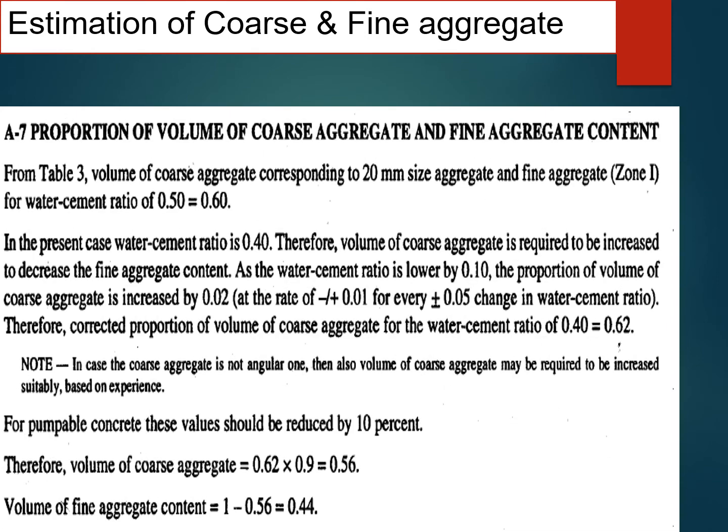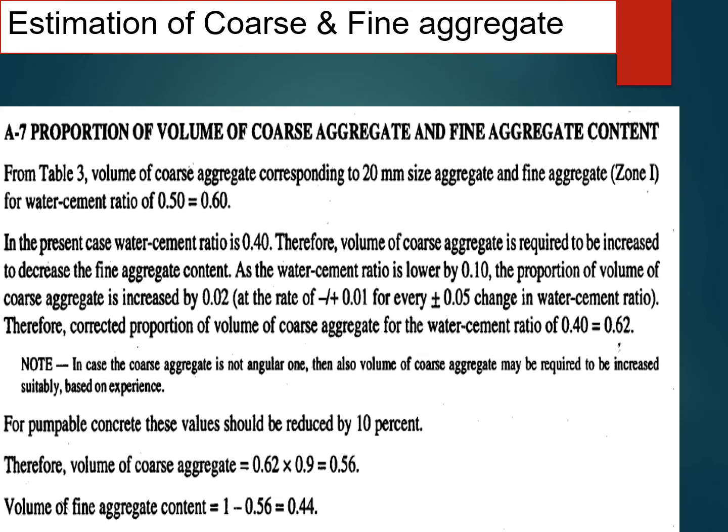From Table 3, for coarse aggregate corresponding to 20 mm and fine aggregate of zone 1, for a water cement ratio of 0.5, you have volume 0.6. In the present case, water cement ratio is 0.4. Therefore, the volume of coarse aggregate is required to be adjusted relative to the fine aggregate content.